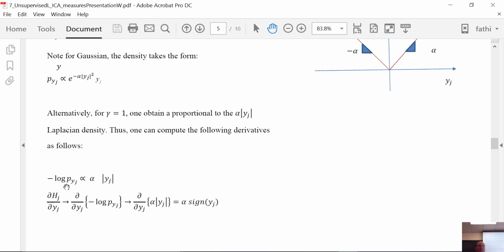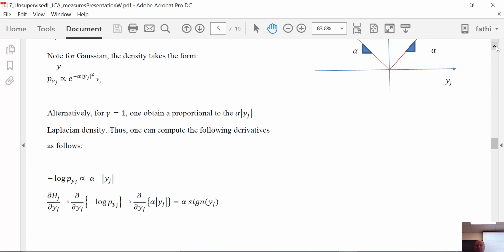I want to see what is the partial derivative of this entropy, which is equivalent to this quantity, with respect to y_i. In this case, the derivative is going to be really the slope alpha times the sign of y.